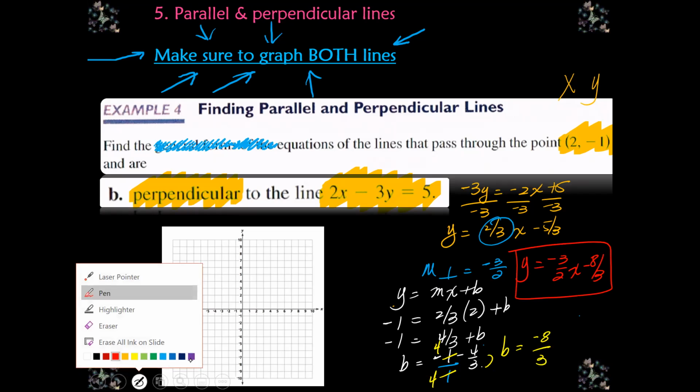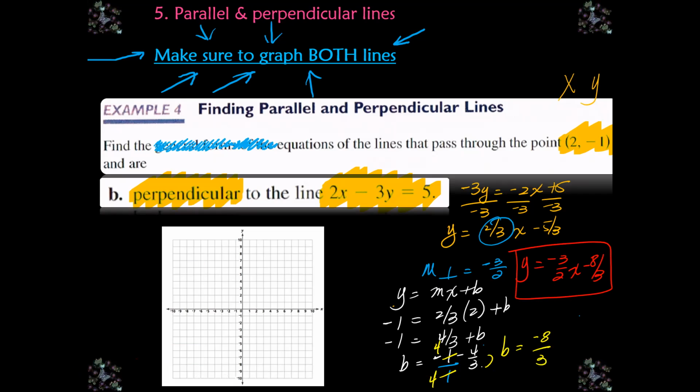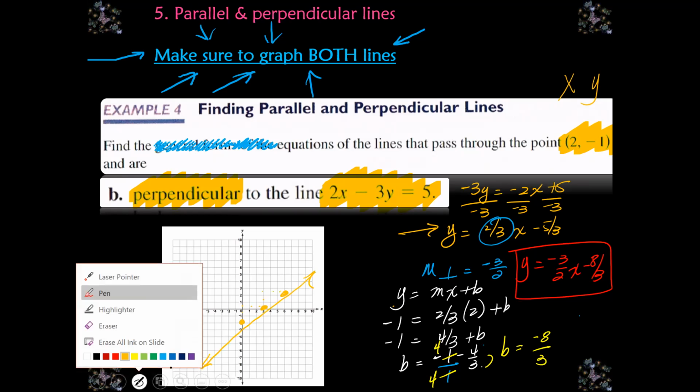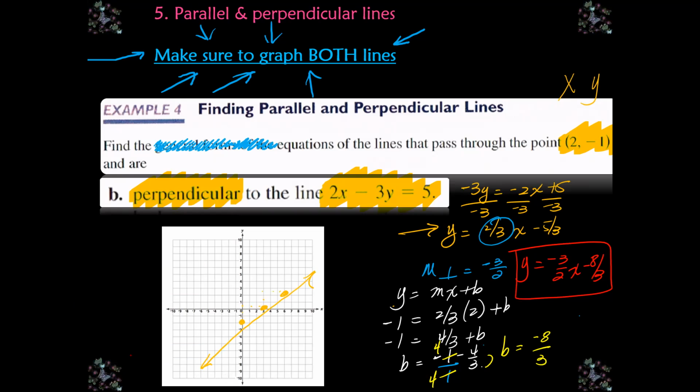Now, for kicks and giggles, let's try to graph this and see if it is perpendicular. So this is my original equation. Negative 5 over 3 is going to be right here somewhere. Go up 2 over 3. Keep in mind that this is not drawn 100% to scale, but I'm just checking this, so it's okay.